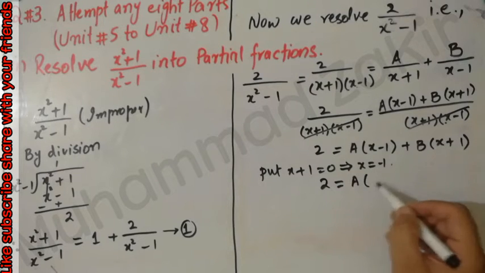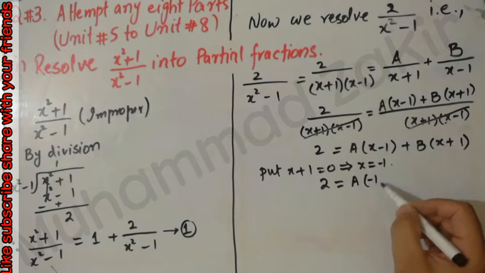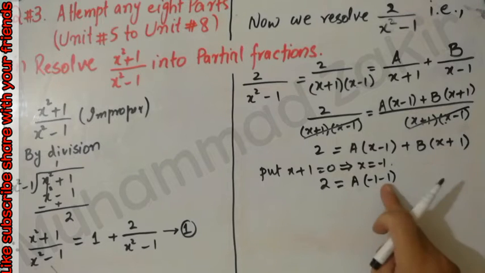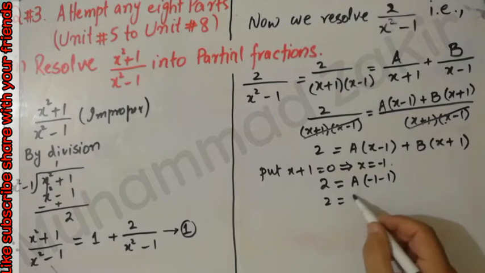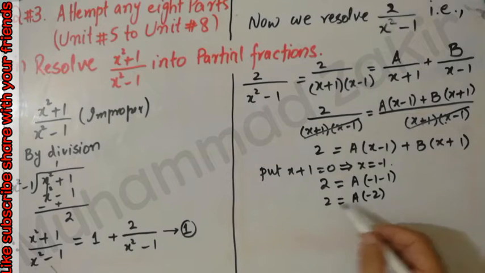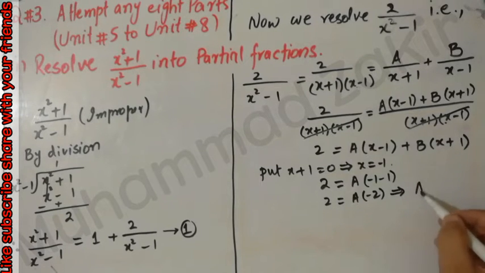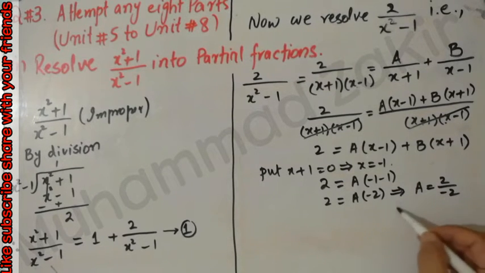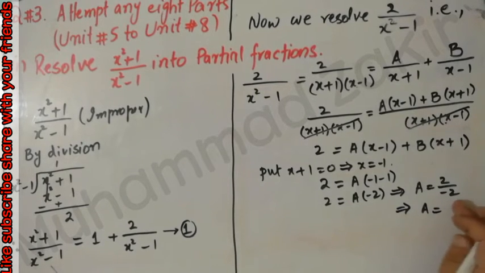X is minus 1, so we get minus 2. 2 is equal to A into minus 2. This minus 2 will divide, A is equal to 2 by minus 2. So finally we can see A is equal to minus 1. It is very simple. One of the values is found.